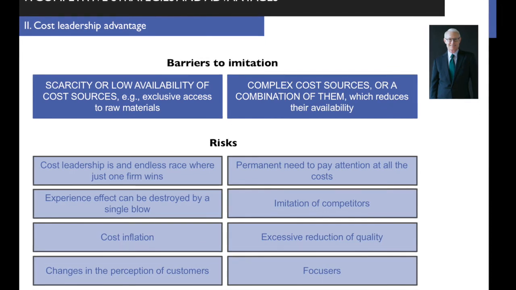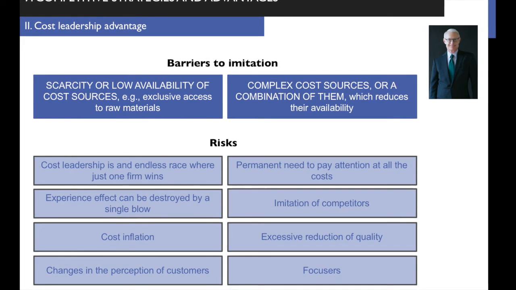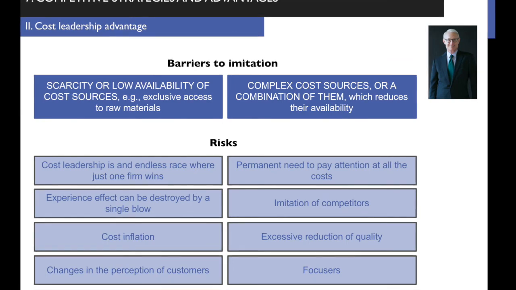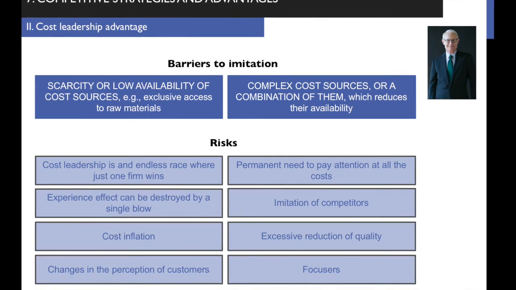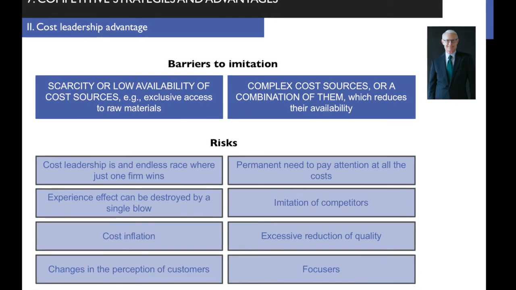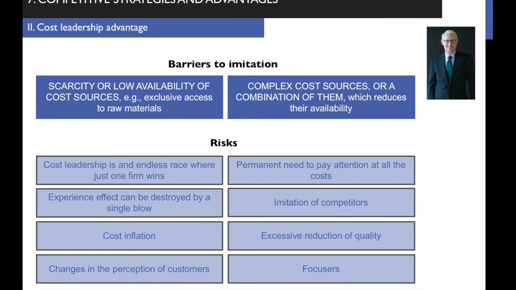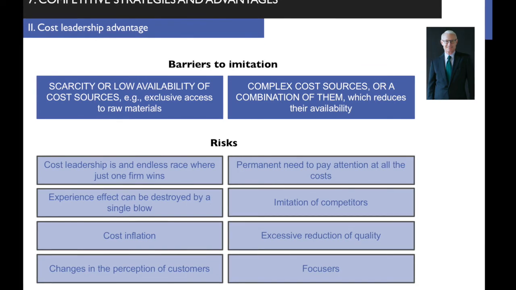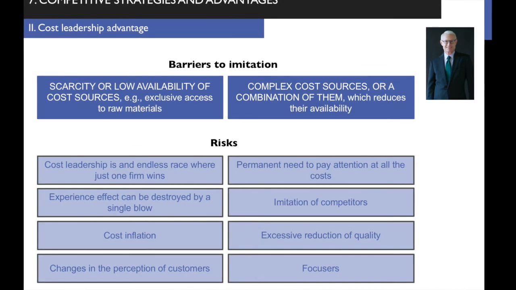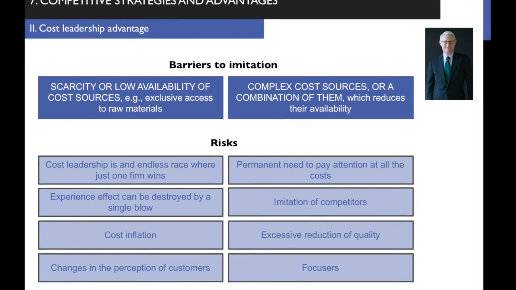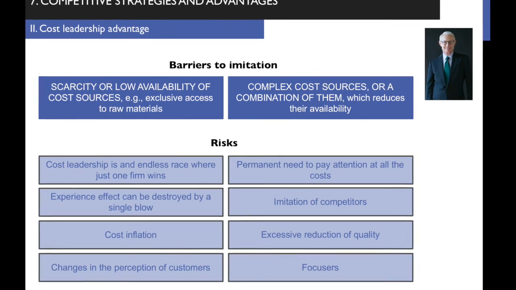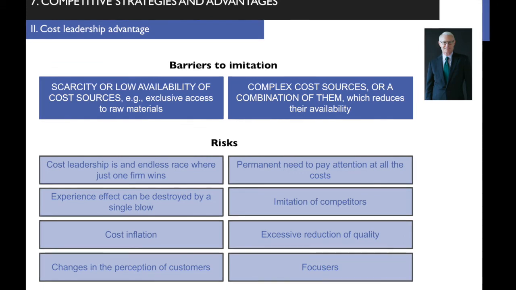Experience effect can be destroyed by a blow. What does this mean? Let's talk about the Ford Model T. When we reached the 1930s, American people, once they had covered their basic need to have a car, considered that they didn't want to have exactly the same car as their neighbors. They wanted to have something different.